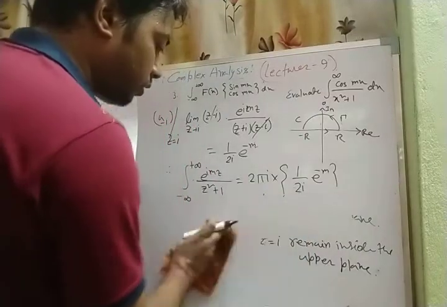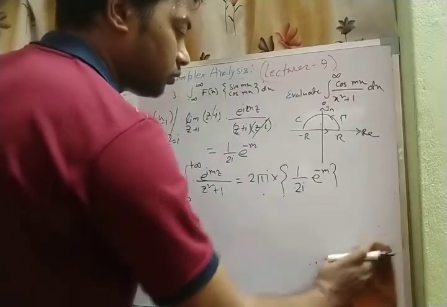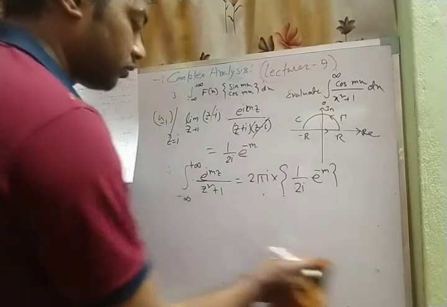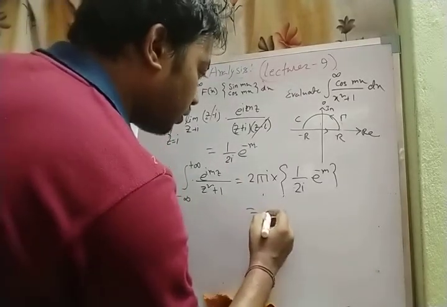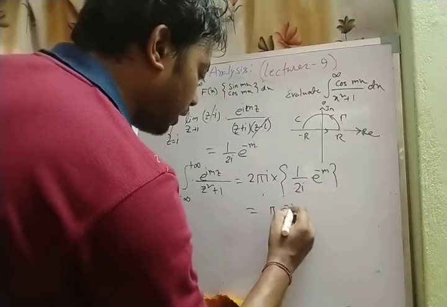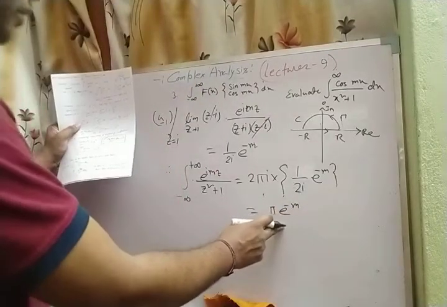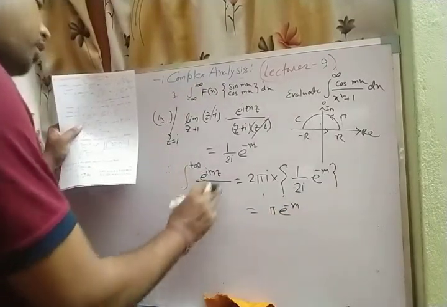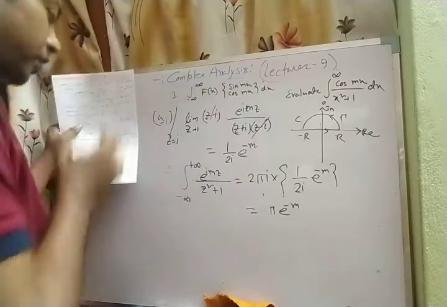So this gives pi e to the power minus m, but this is the mixture of real and imaginary parts.